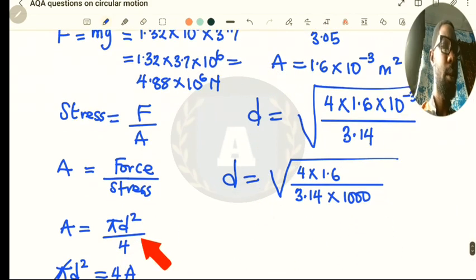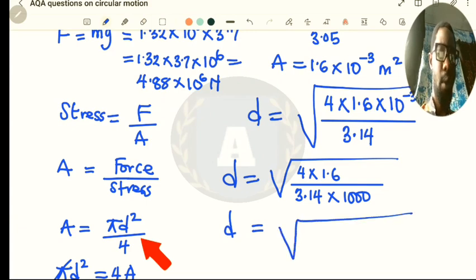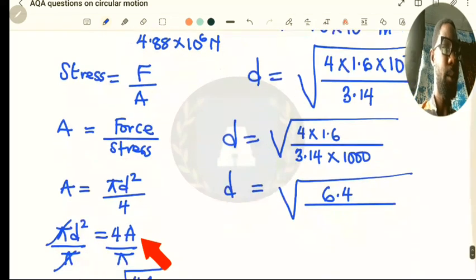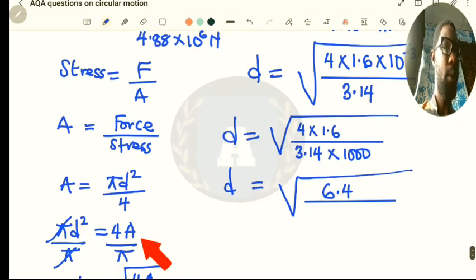So that will be the square root of 4 multiplied by 1.6, which is 6.4, divided by 3.14 multiplied by 1000, that is 3140.